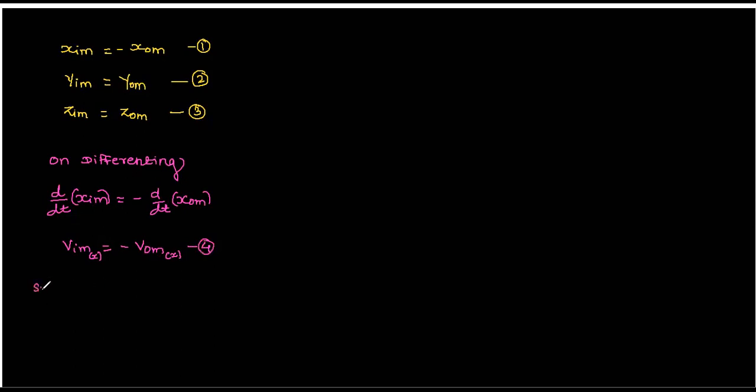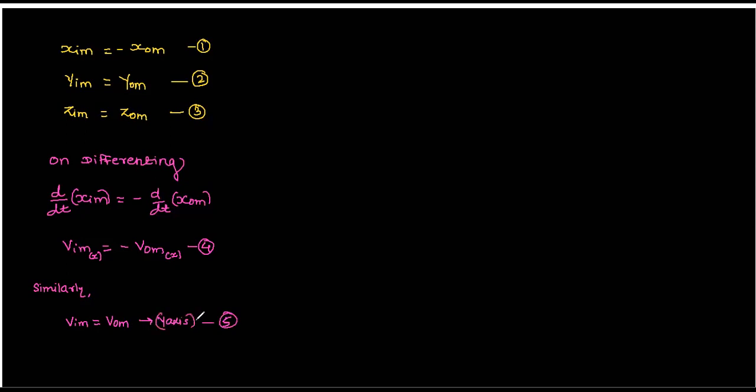Similarly, I am writing directly now. VIM is equal to VOM, no minus sign here, for the y axis. Call this equation number 5.